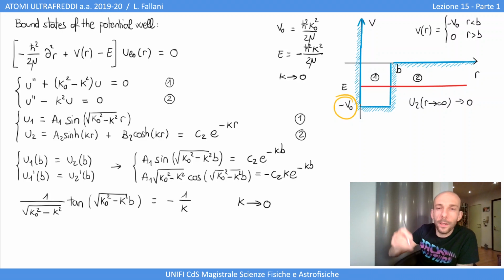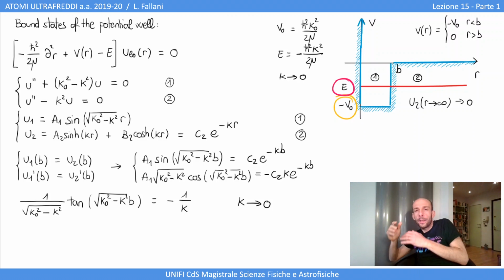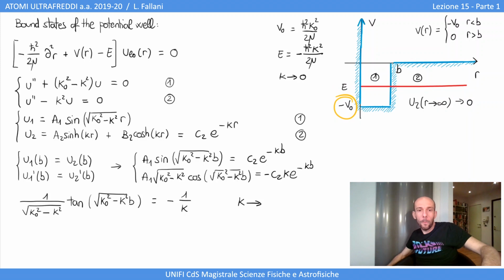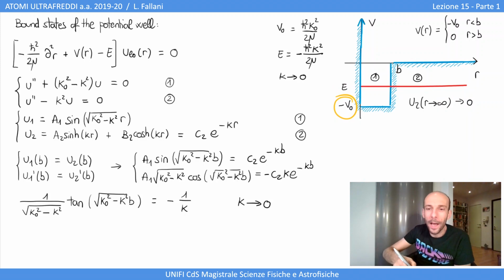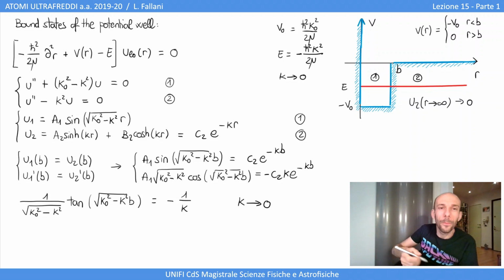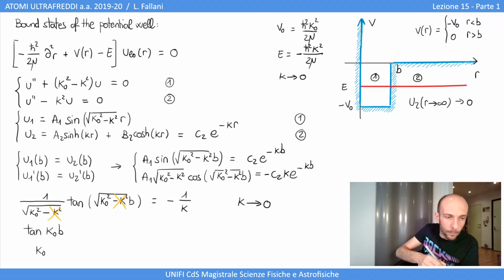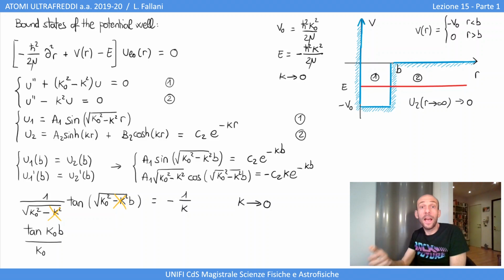So we want to find a bound state that is very, very weakly bound, with a binding energy that is approximately 0. And so what do we have? Actually, this is very simple, because now on the left, again, we can neglect k with respect to k0, and so we will have tangent of k0b divided by k0, and this quantity, as k goes to 0, should go to infinity.